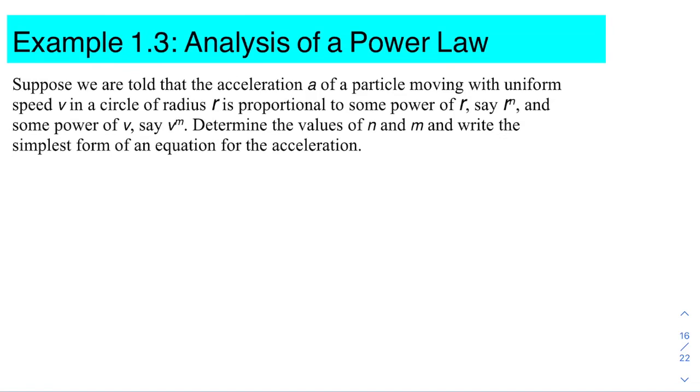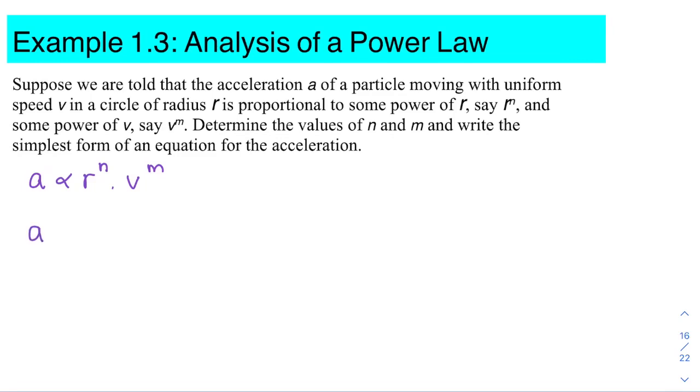So from the statement given here, we are going to put it in terms of proportionality firstly. A is directly proportional to r to the power of n and v to the power of m. This is the statement given to us. So we converted the whole paragraph of statement into a proportionality statement.